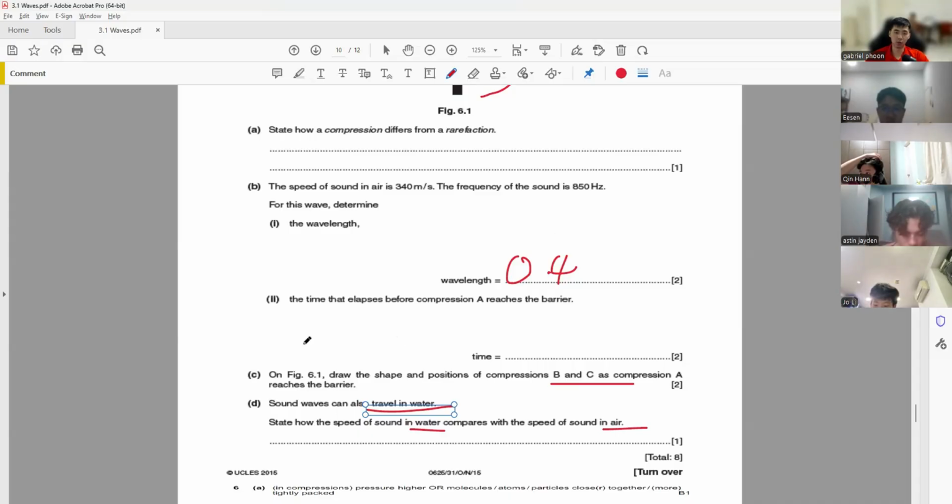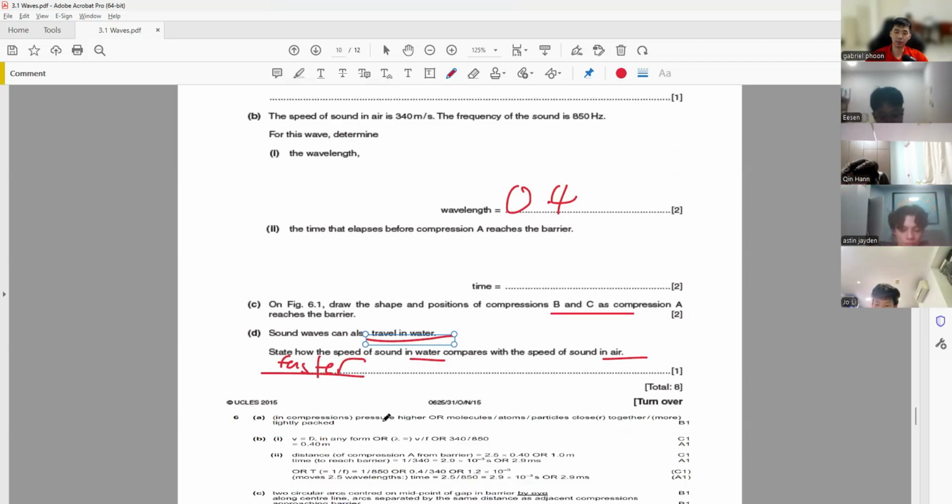Very good, because the sound wave depends on vibration of particles. In this case, the water particles are closer together, that's why it will travel faster. Keyword is faster, guys. Sound wave travels faster in water. Please write the full statement down when you answer, because you'll need it in your exam. Okay, moving on.